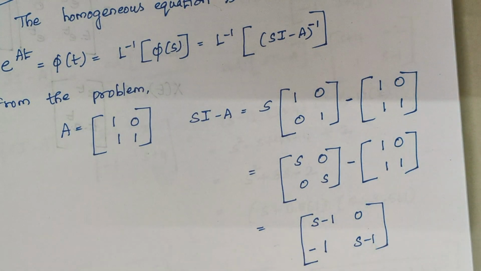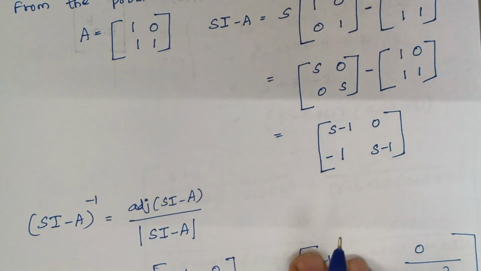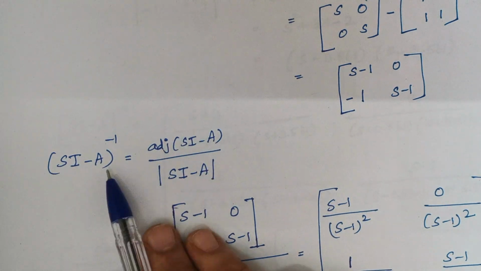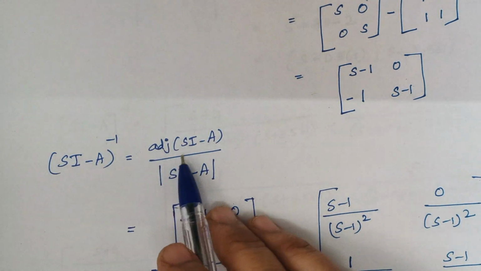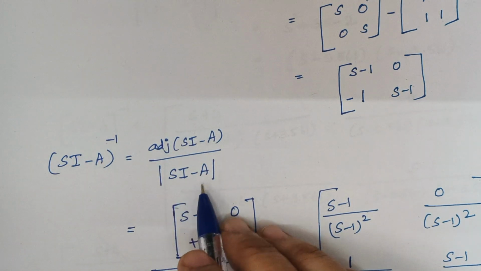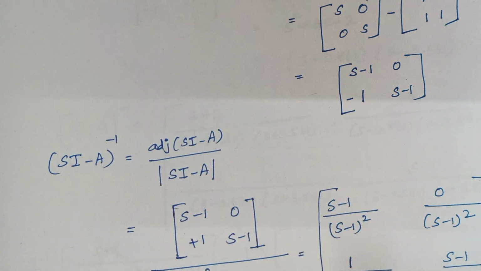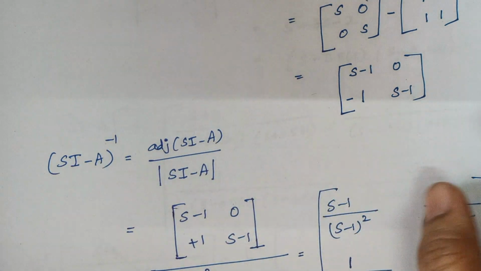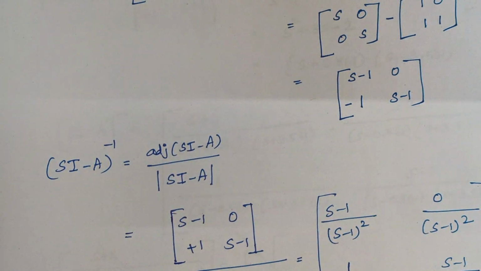Right. The next step is we are going to find (sI minus A) the whole inverse. So this is given by adjoint of (sI minus A) divided by determinant of (sI minus A). So adjoint of (sI minus A) is given by, how to take adjoint for a 2 by 2 matrix?